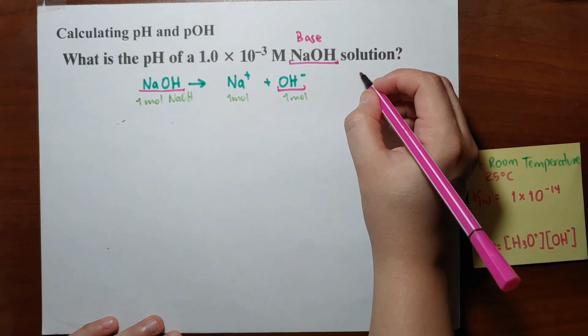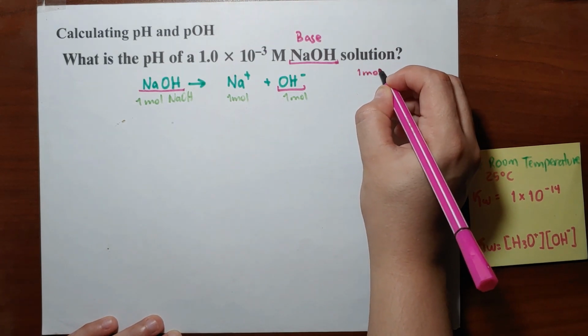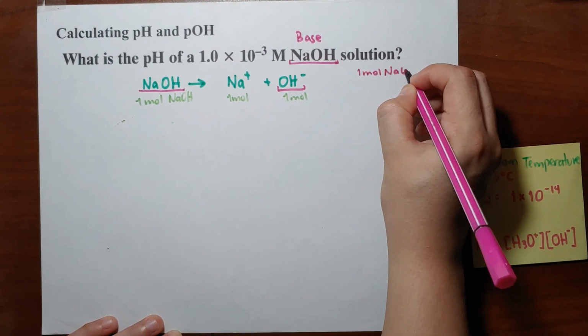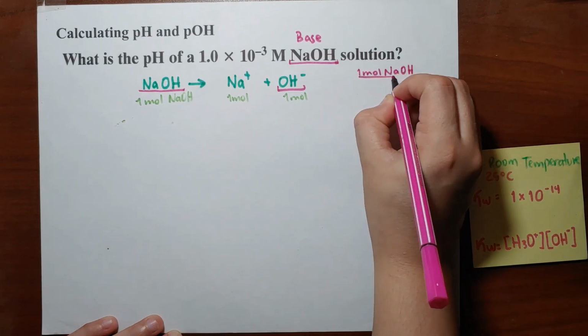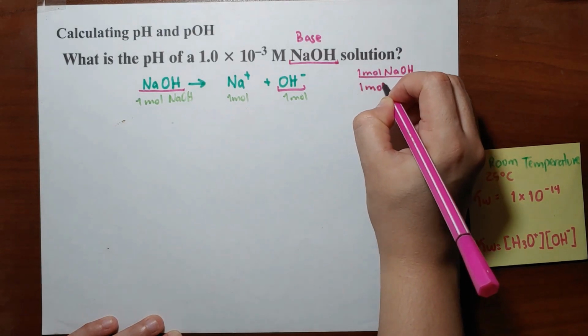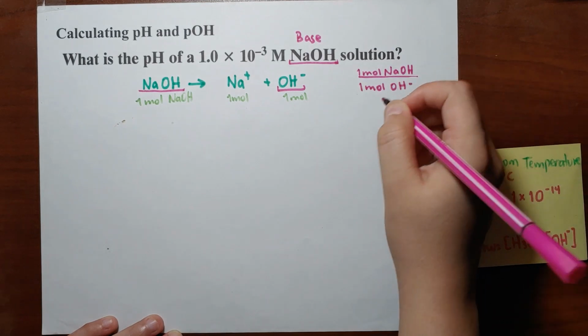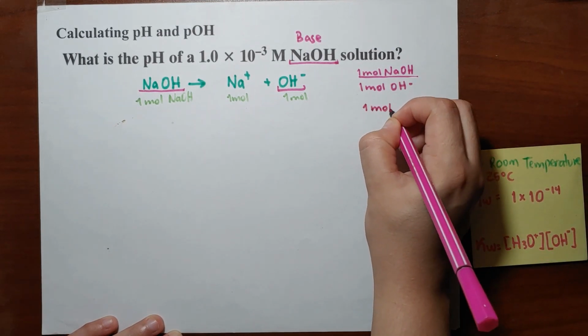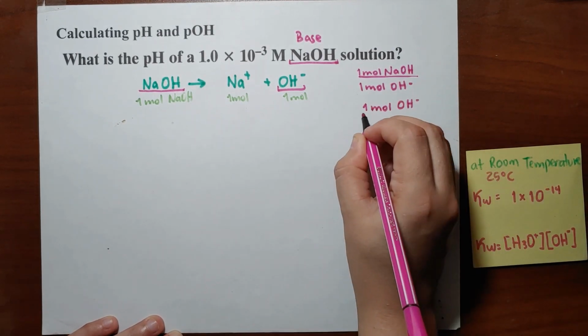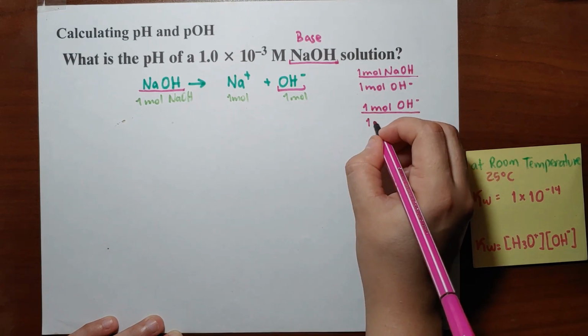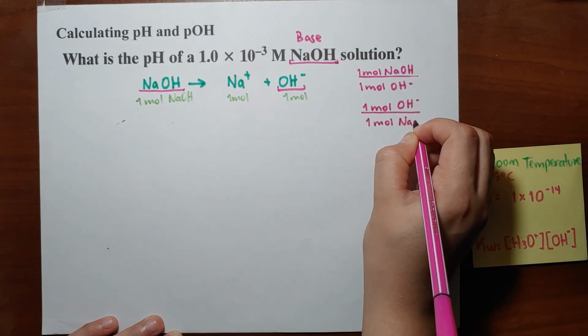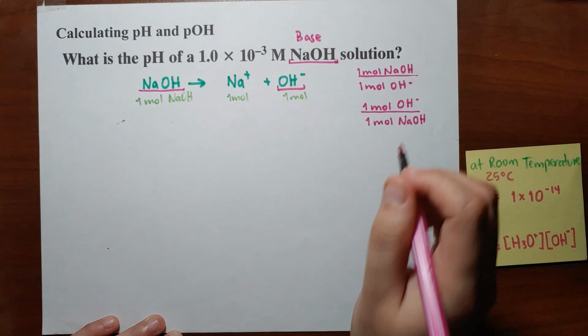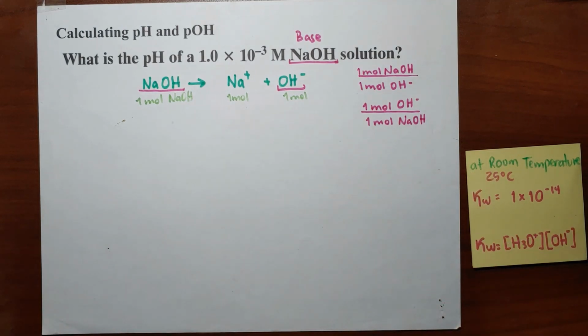So you say 1 mole NaOH over 1 mole OH minus, or you can write 1 mole OH minus divided by 1 mole NaOH. These are the mole ratios. Now we continue just like we did in the example before.